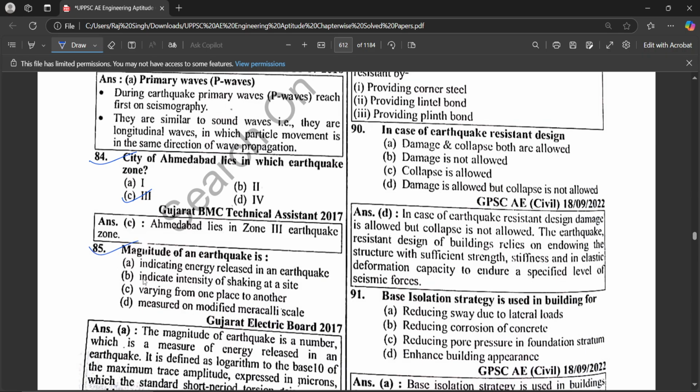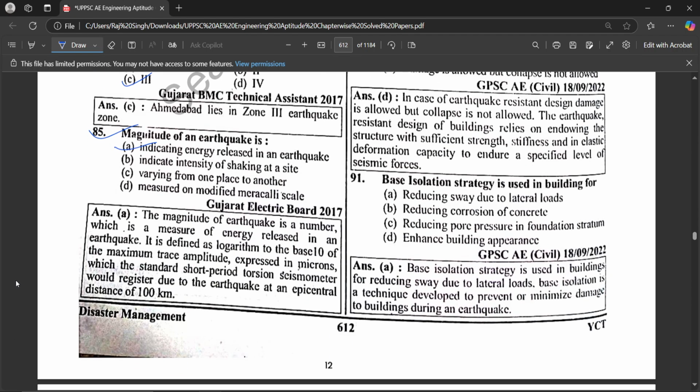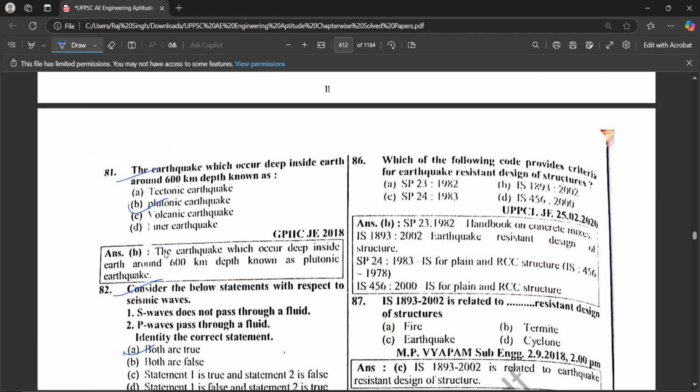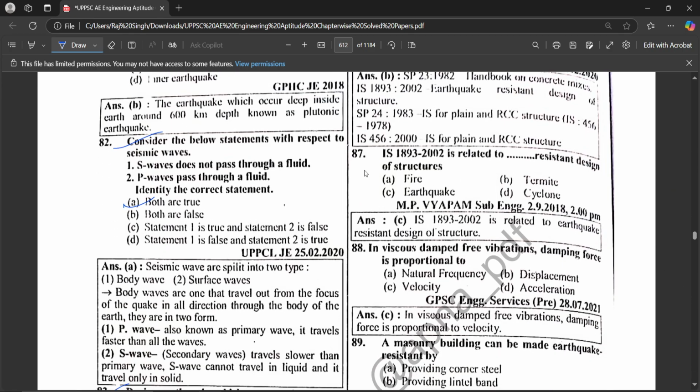Magnitude of earthquake is indicating energy release in the earthquake. Which of the following code provisions criteria for earthquake resistant design of structures, which is IS 1893 2002? IS 1893 2002 is related to earthquake. In the viscous damper, damping force is proportional to velocity.